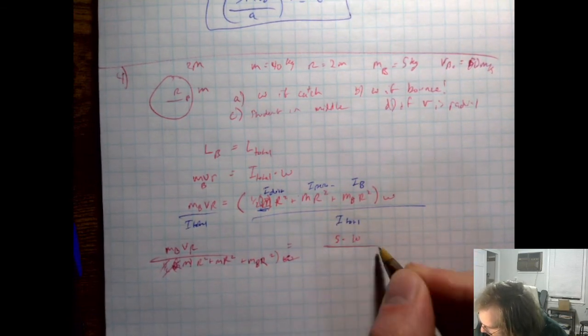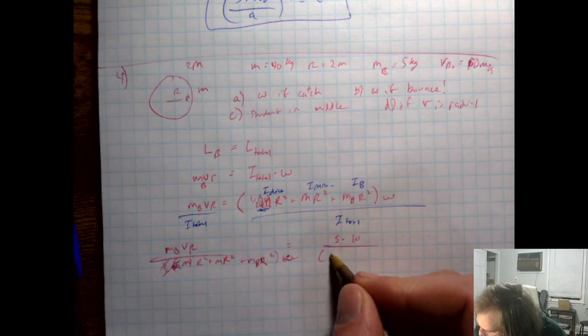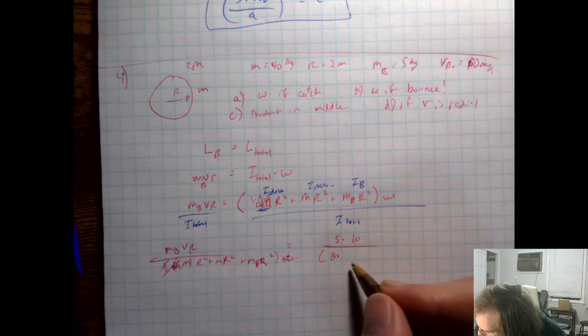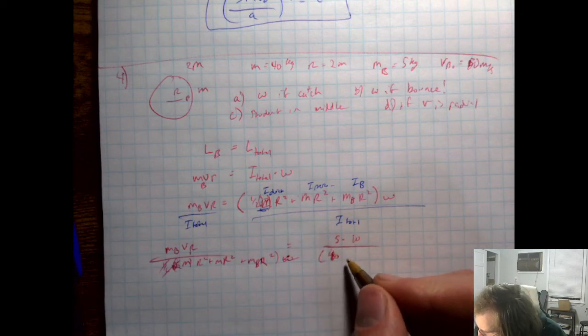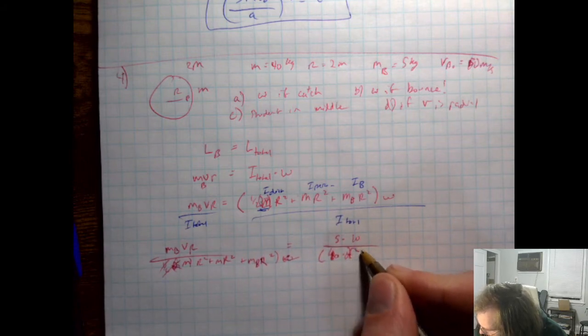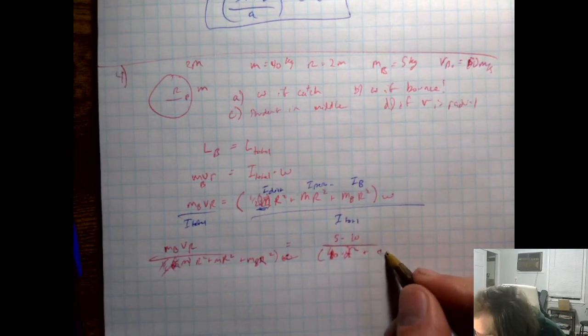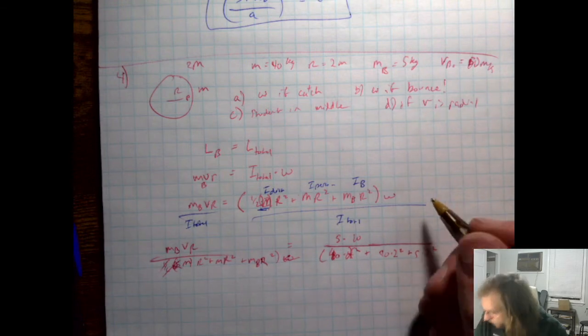times the velocity of the ball, which is 10, divided by our mass, which is 80. 40 is m times our radius squared, 2 squared, plus 40 times 2 squared plus 5 times 2 squared.